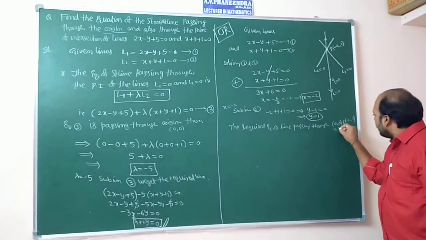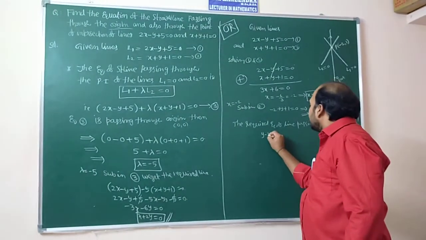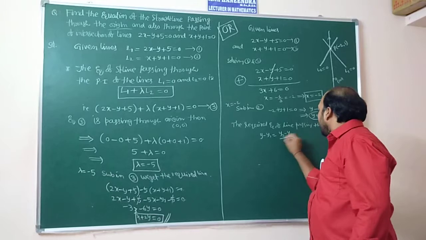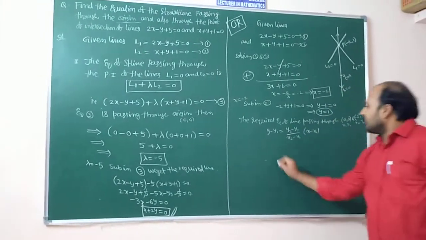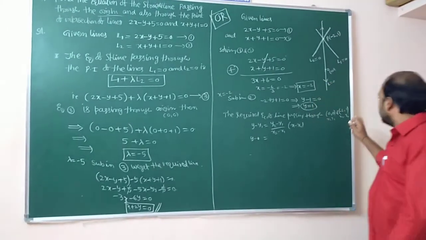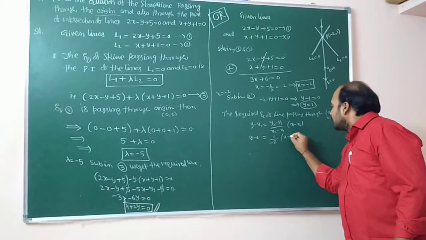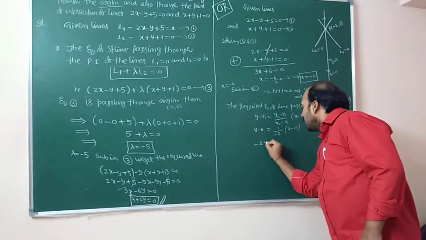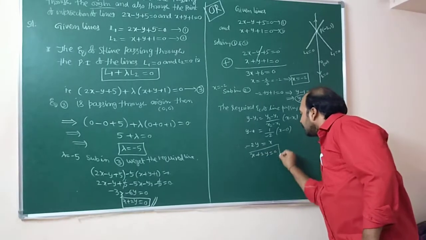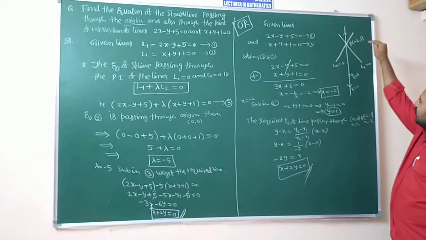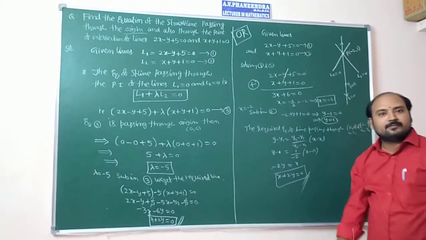Here x1 y1, x2 y2, we apply the two-point form of the straight line: y minus y1 equal to y2 minus y1 by x2 minus x1 into x minus x1. So y minus 0 equal to 1 minus 0 by minus 2 minus 0, that is 1 by minus 2, into x minus 0. Cross multiply: minus 2y is equal to x. So x plus 2y equal to 0. This is the required line passing through the point of intersection of the lines and the origin. Both lines are the same.